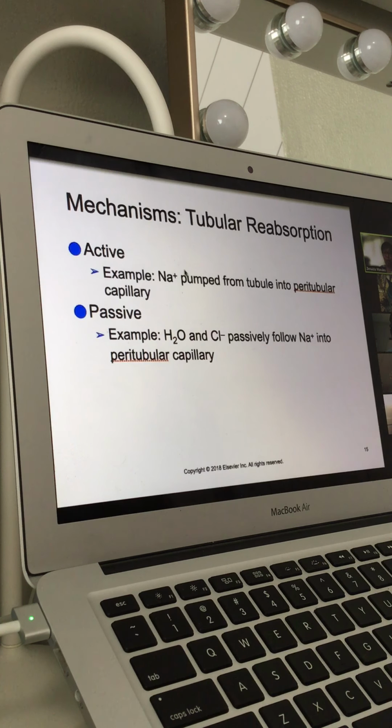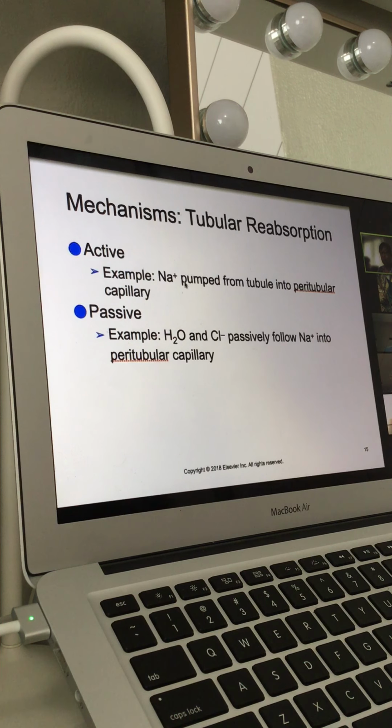So sodium, if it needs to be reabsorbed, it's an active mechanism. When you say active, what do you mean? Active needs ATP, passive does not. It needs ATP because it comes from an area where there is less sodium to an area of more sodium.